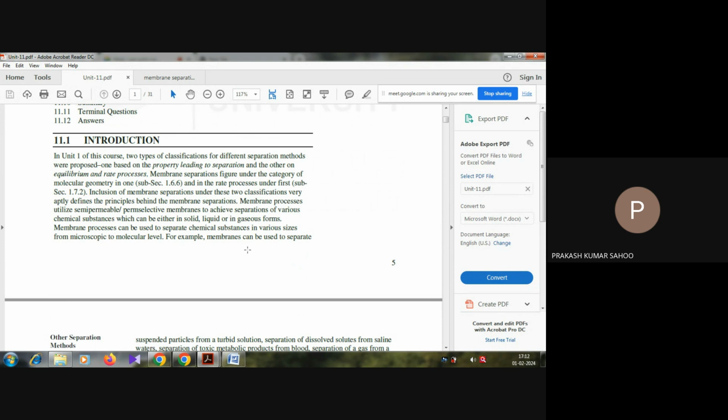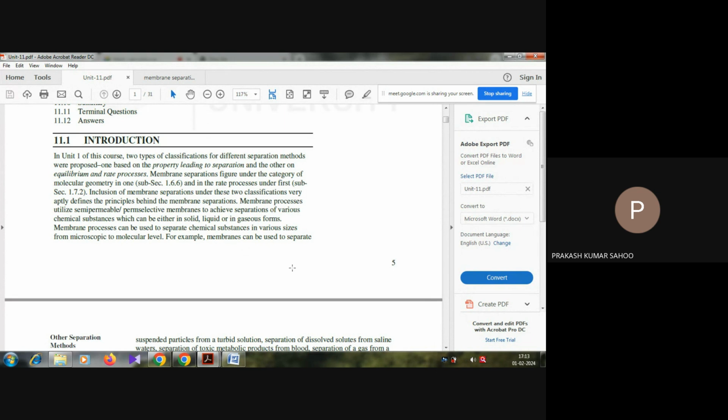The uniqueness of a semi-permeable membrane is that it allows the solvent particles to pass through it, leaving the solute particles. That means if I have a solution with solvent and solute particles, then the SPM, that is the semi-permeable membrane, will allow only the solvent particles, that is the water, to pass, and the solute particles will remain.